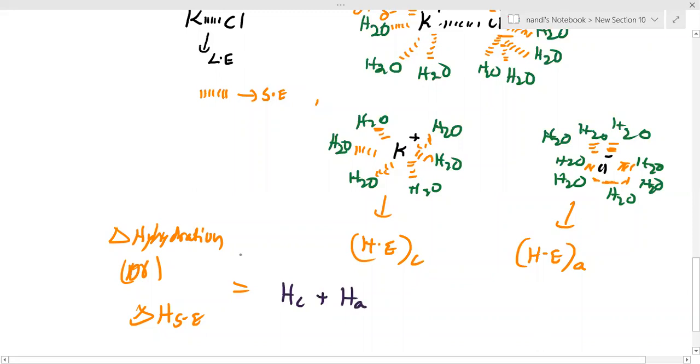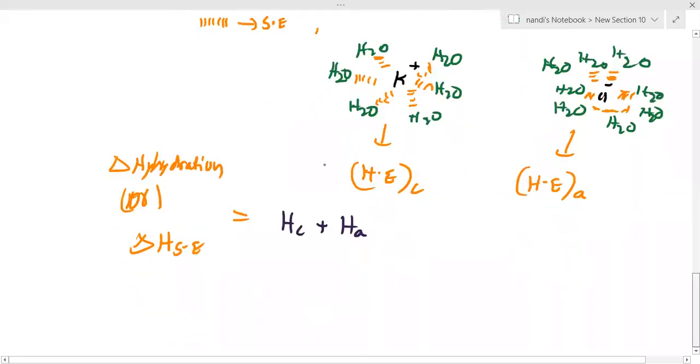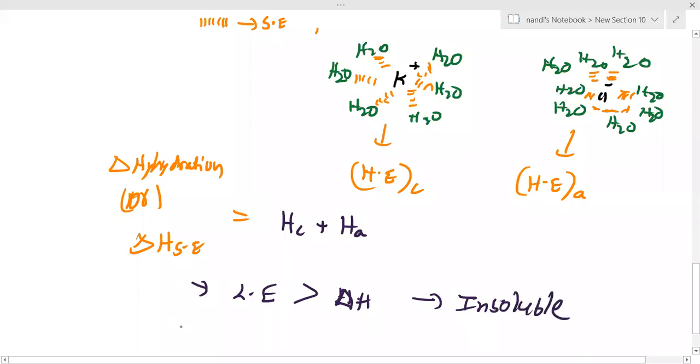This is the total energy. Now solubility depends upon which energies dominate. If lattice energy dominates, then it is insoluble, meaning the lattice energy attraction is stronger. Otherwise, if the delta H hydration energy dominates over lattice energy, in this case it is soluble.